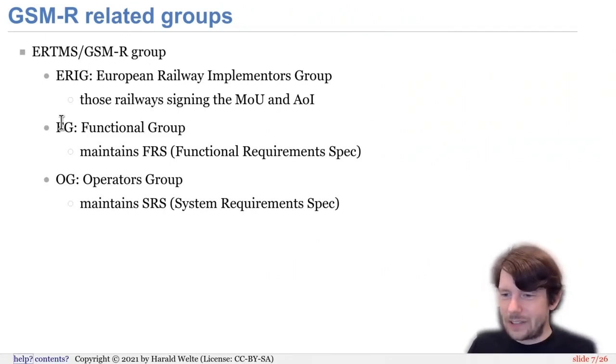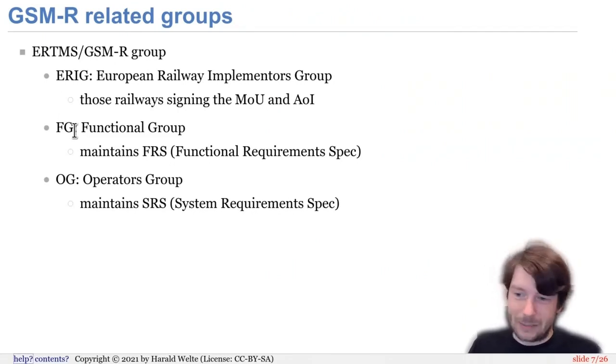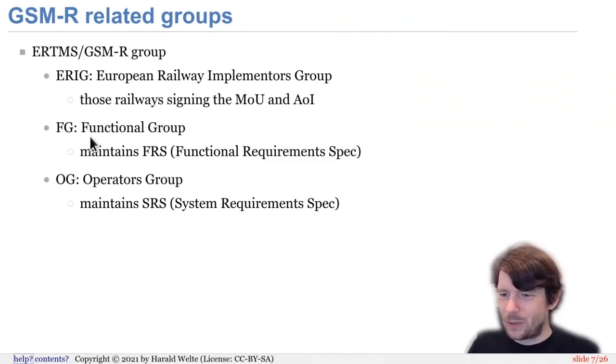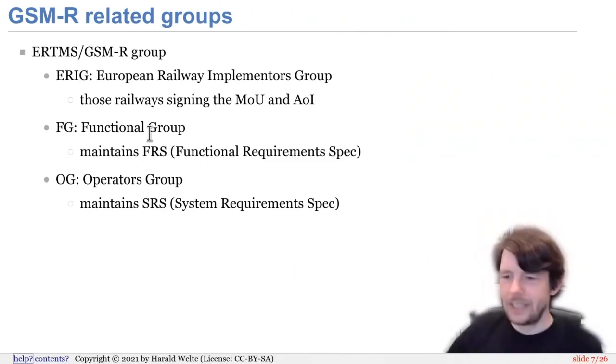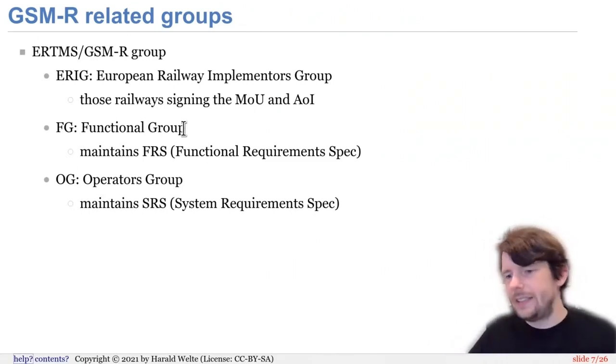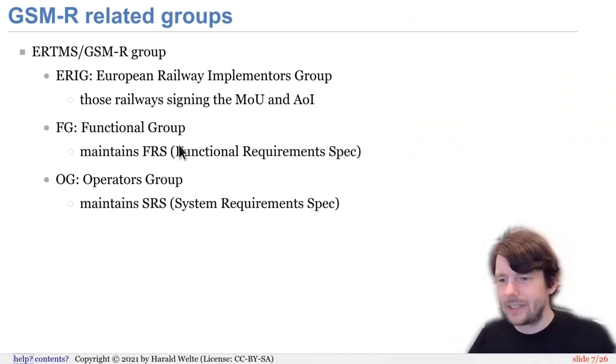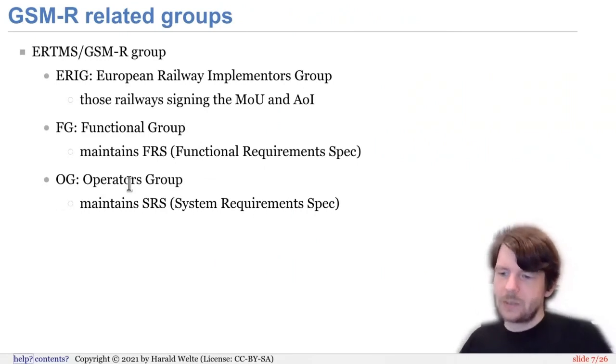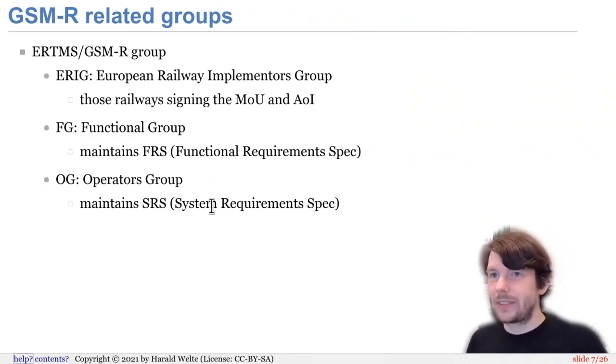Then we have a functional group, which is not practicing functional programming, but it is the group in charge of maintaining the so-called FRS, the Functional Requirement Spec, which is the spec that EIREN originally created. And then there's the operators group, which maintains the SRS, the System Requirement Spec, which is those specs that the MORAIN project originally put in place.